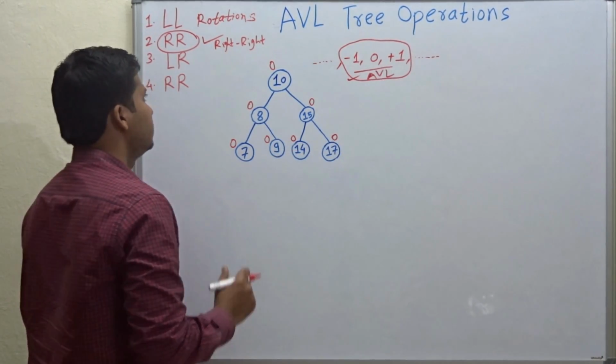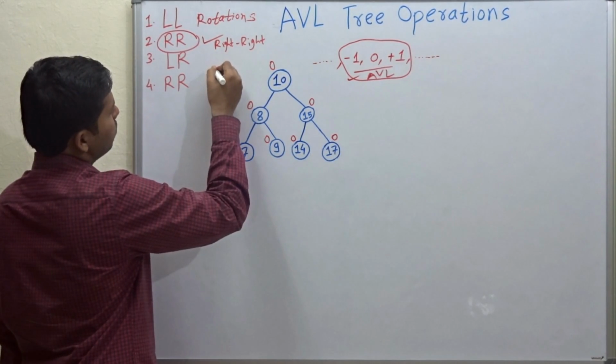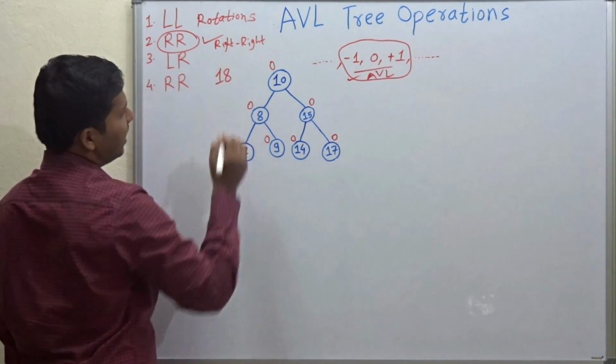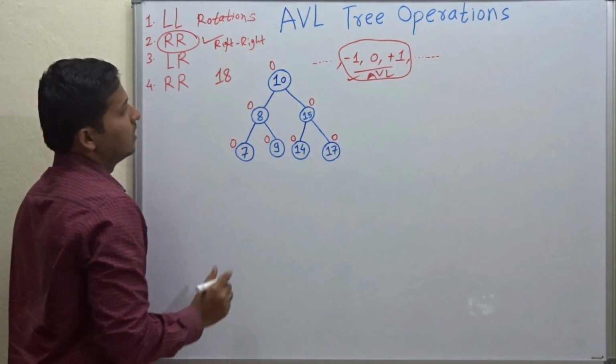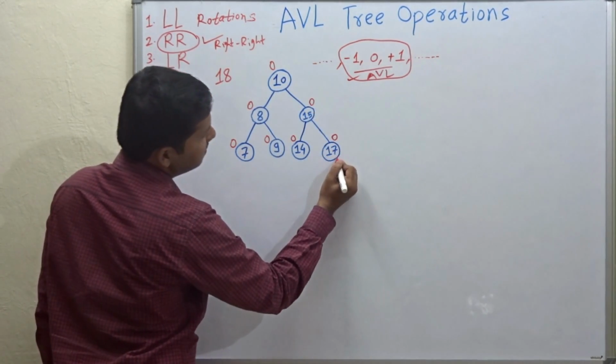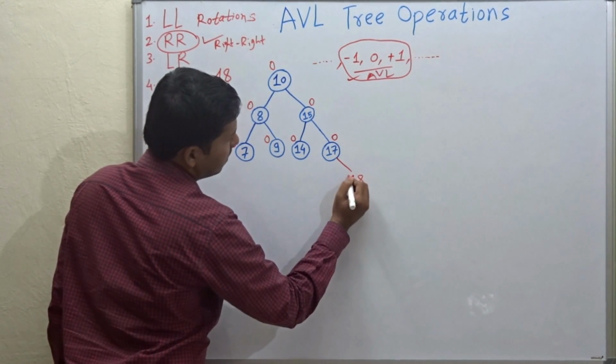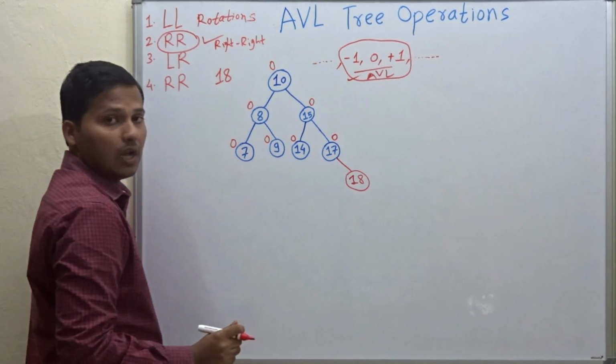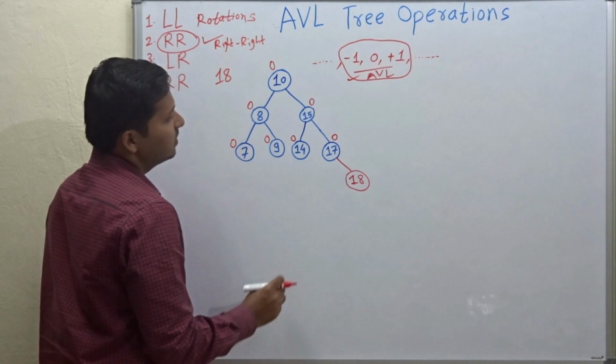Now let's insert a node. So first suppose we insert element 18. So 18 is greater than 10, greater than 15, greater than 17. So 18 is inserted. Now let's check the balance factors.